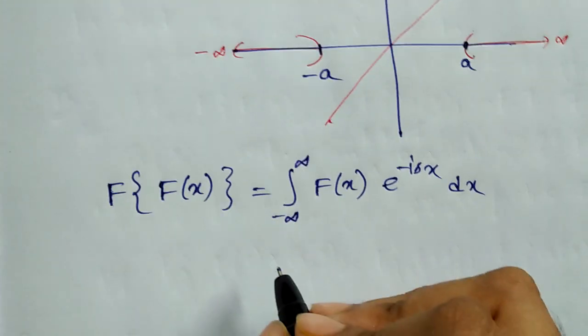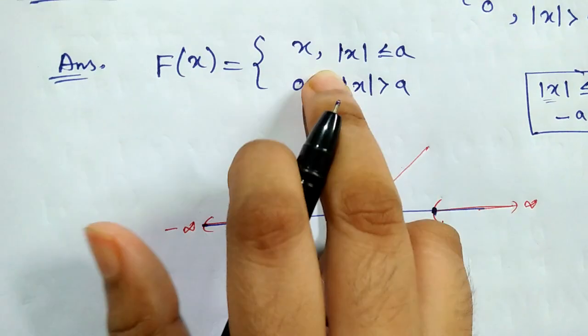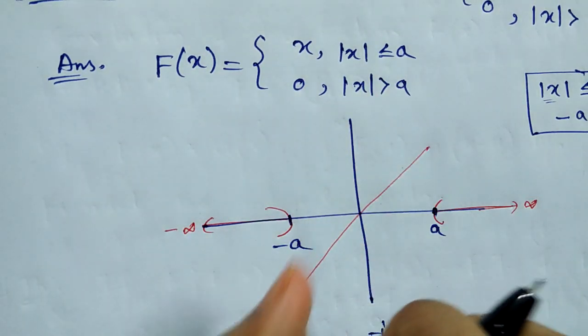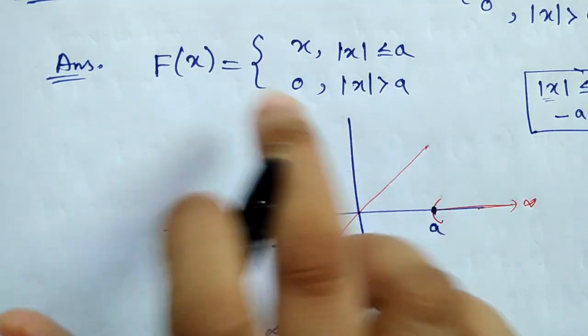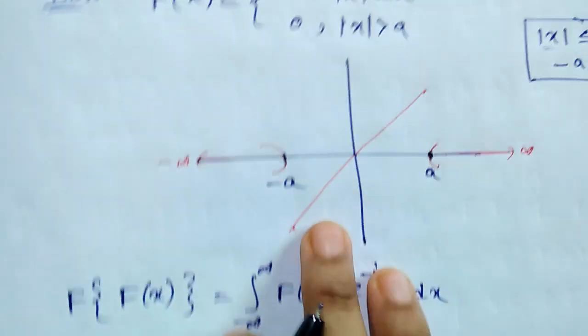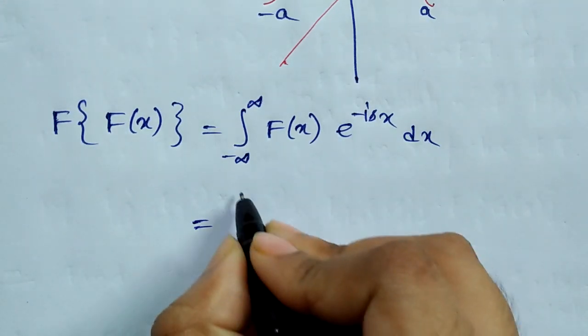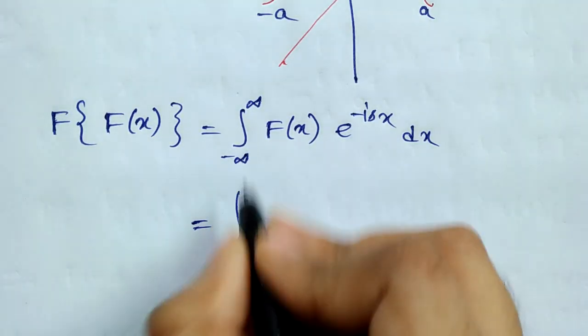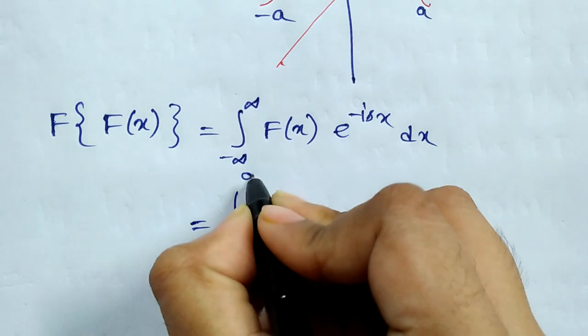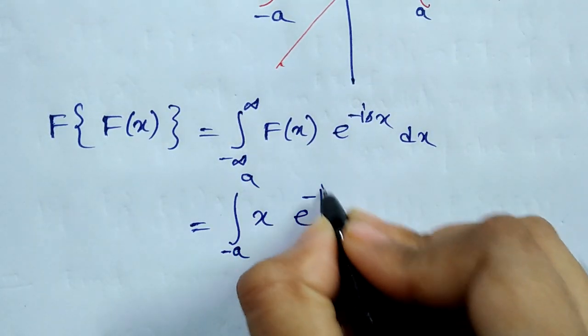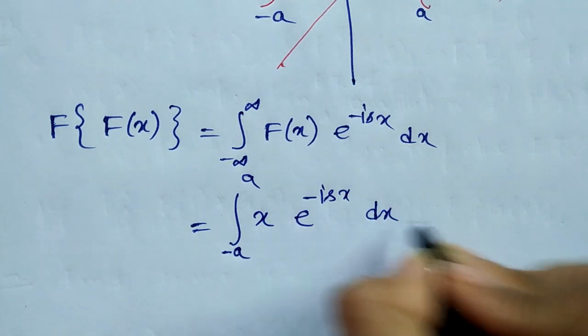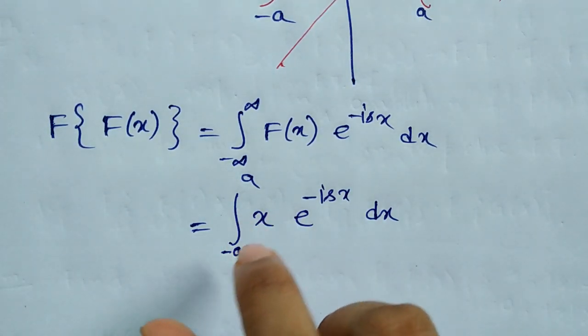So now see, in this range, that is minus a to a, the function value is x, and in the outside part the function value is 0. So I am writing minus a to a, function value is x e to the power minus isx dx.